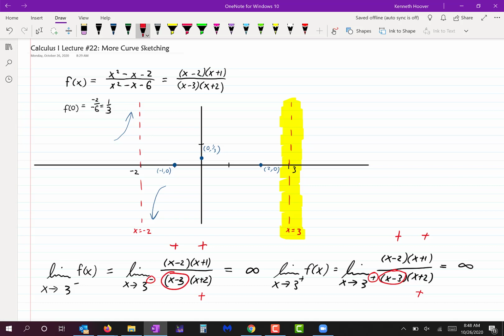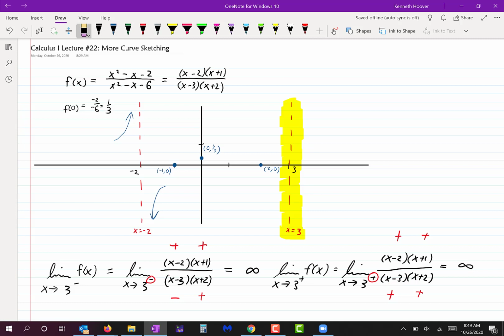As x approaches 3 from the left, think of numbers like 2.5. You plug something like that into x minus 3 and you're going to get negative. As x approaches 3 from the right, think of a number like 3.5, and you plug that into x minus 3, you're going to get positive numbers.